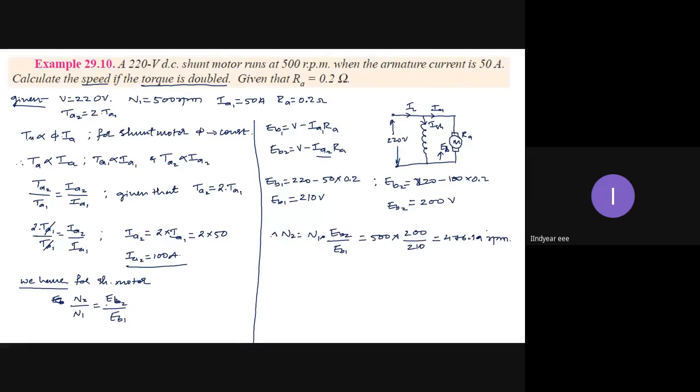So the change in speed from no load to full load condition is very minimum. You can observe that with the doubling of torque, the speed is not halved. If I do the same on an induction motor, a large amount of speed drop will occur. So you should be in a position to appreciate and observe these things we study in the theory.